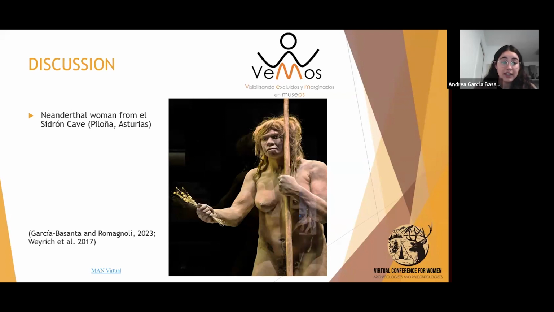Based on the scientific literature, it can be assumed that the flowers she is holding could be chamomile or yarrow. These are two plants known for their many medicinal qualities, whose consumption has been demonstrated, identified in the dental calculus at the site along with other medicinal plants. And this was interpreted as evidence of self-medication.